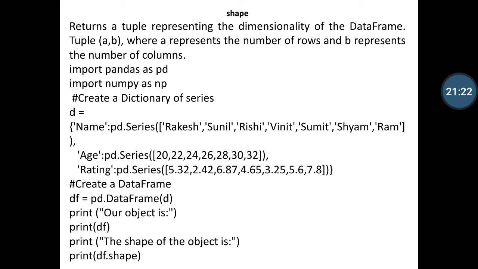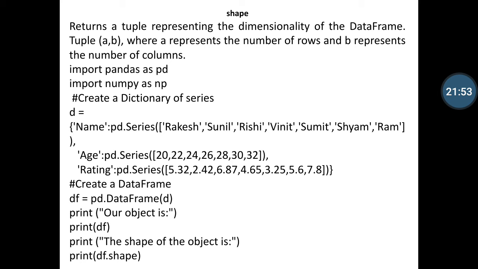The dictionary is created as d using the keys name, age and rating and corresponding values using pd.Series. After that I create a data frame, df equal to pd.DataFrame, and put the dictionary d, then define a label for our output with print, and then print the data frame df.